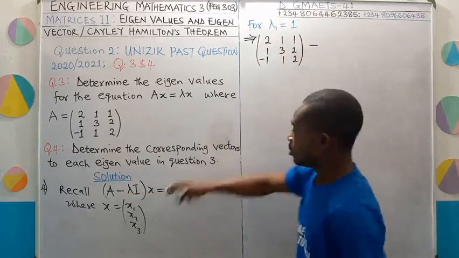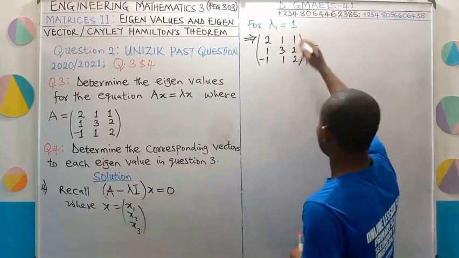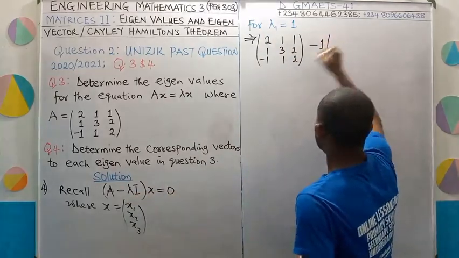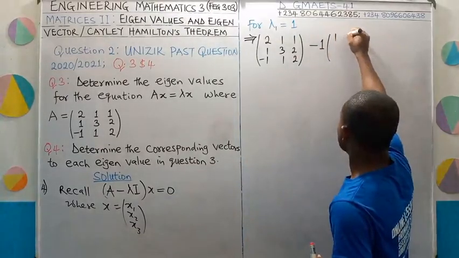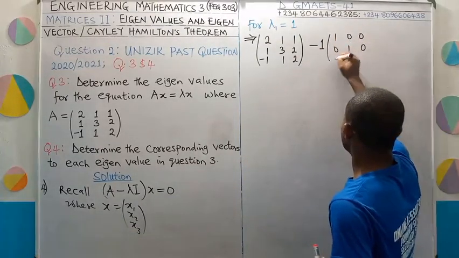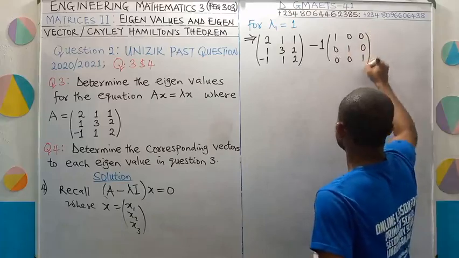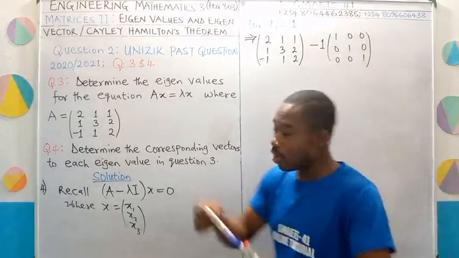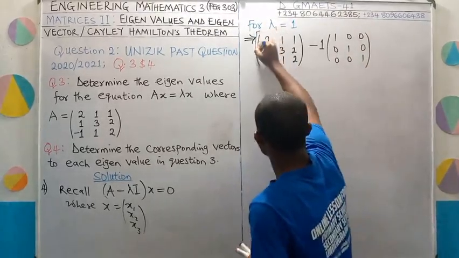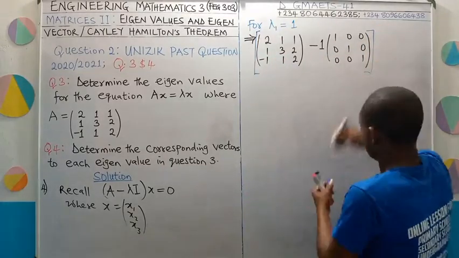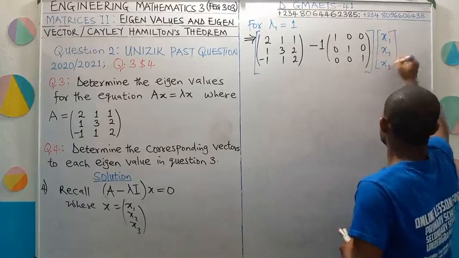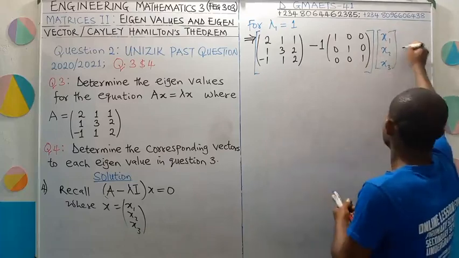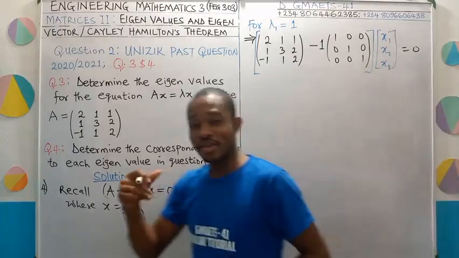Minus lambda I, and of course our lambda 1 here is 1 times the 3 by 3 unit matrix, 1 0 0, 0 1 0, and then 0 0 1. I am going to multiply all these terms by x1, x2, x3, and then equate it to 0.